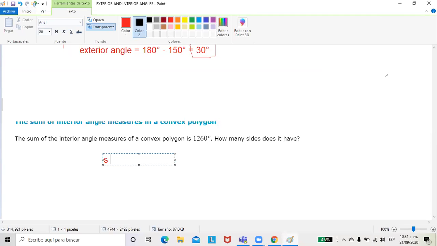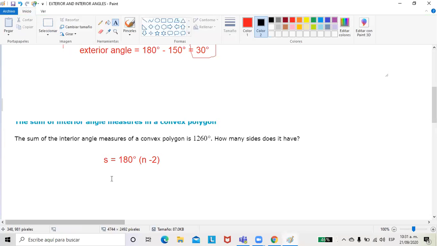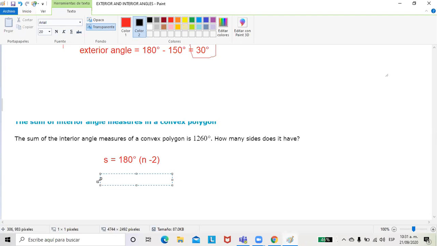We have that x is equal to 180 degrees multiplied by n minus 2. We don't know n, but we know the sum. x is equal to 1260 degrees.